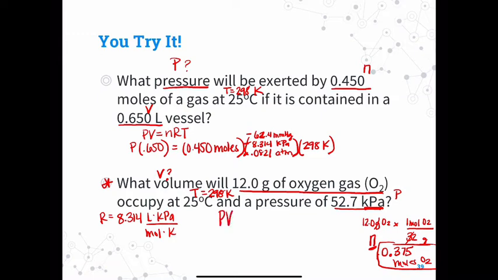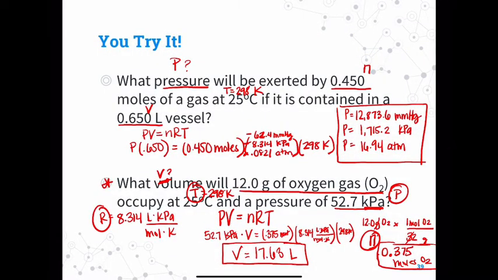So now we have PV equals nRT. We're solving for V. We've got our P, we've got our T, we've got our n, and we've got our R. So we have all four things that we need except for the V, and that's what we're going to find, okay? So I'm going to let you finish this and pause for right now, and then I'll come back in just a moment and work it with you.